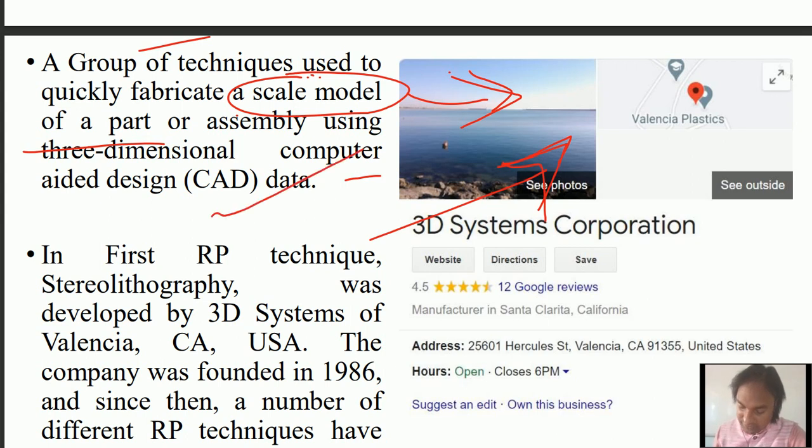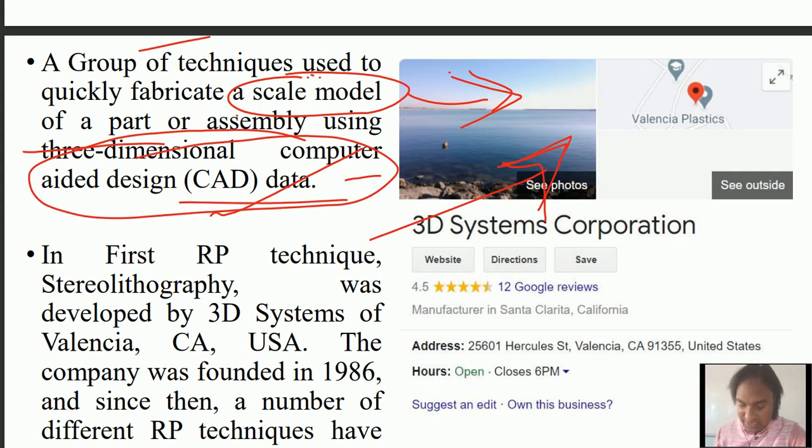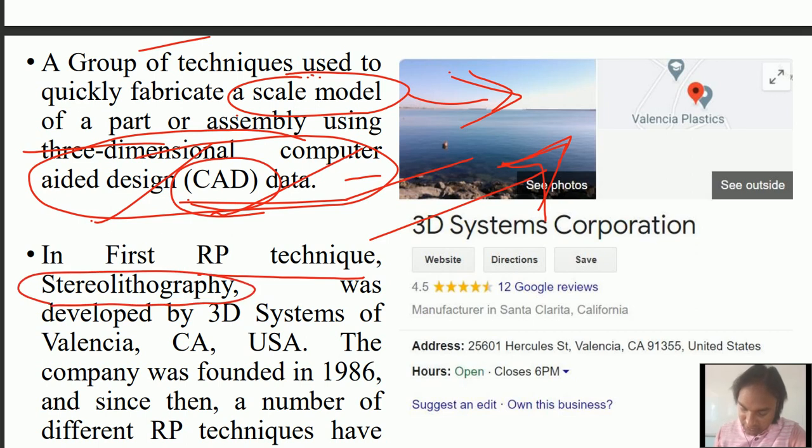So the first thing in rapid prototyping is you need to have the CAD data or digital image, that we call three-dimensional computer aided design data. The first rapid prototyping technique, stereolithography, was introduced and developed by 3D Systems, headquartered in Valencia, California, USA.